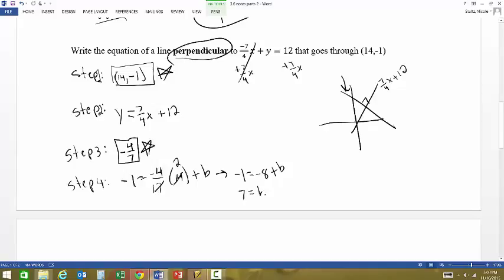I'm going to get b equals 7. And so to present my answer, y equals -4/7 x plus 7. So that's kind of why I like putting my new slope in a box and starring it, because that's just a reminder when you get to the very end, oh, this is the slope that I need. Okay, I got it.